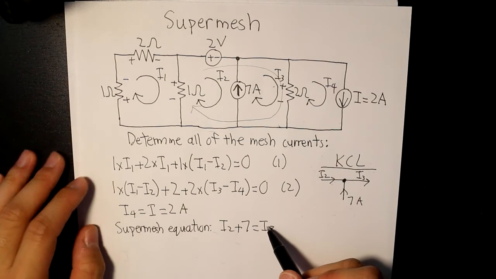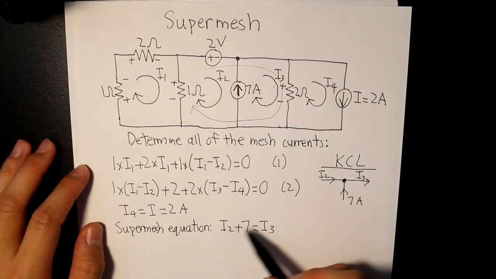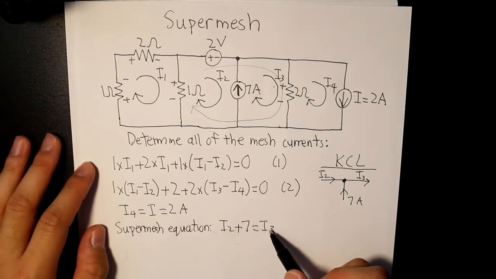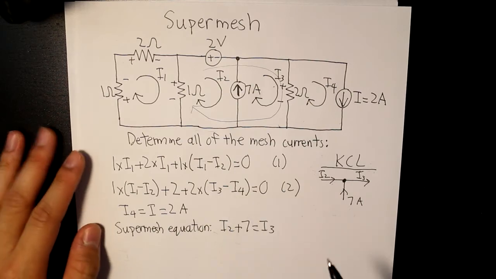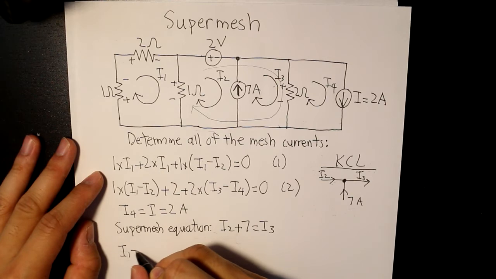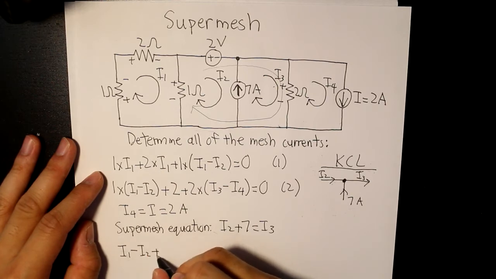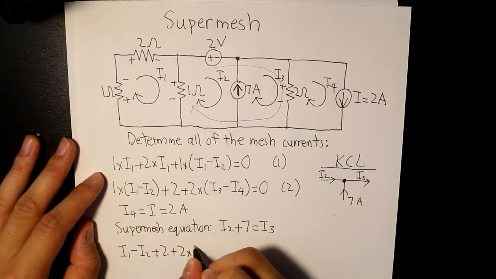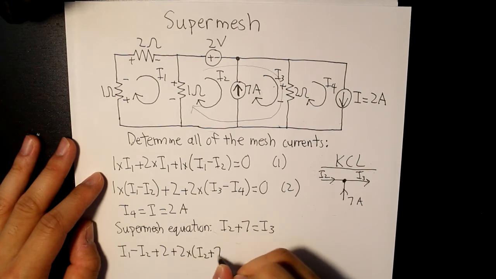And now we were able to isolate what I3 is equal to, and that is I2 plus 7, and we can sub in I3 into equation 2. So let's just do that, shall we? So I'm just going to write down equation 2. And then we know that I4 is equal to 2.